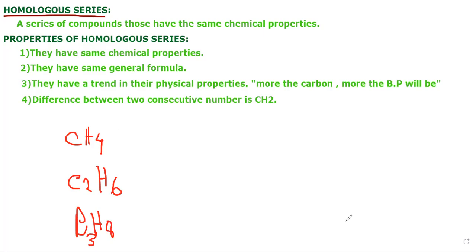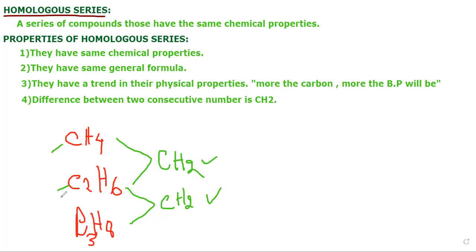What's the difference here? The difference is CH2. Once again, in this pattern, the difference is CH2. As they are maintaining the same difference, the difference between two consecutive members is CH2. That's why they are of the same homologous series.